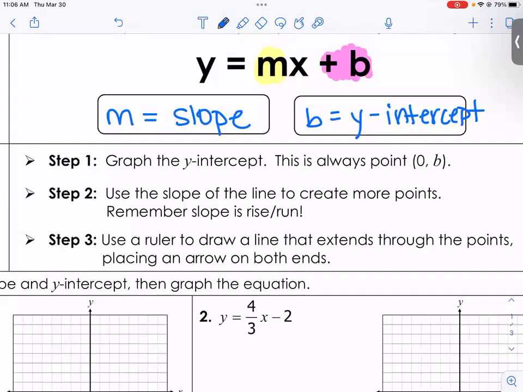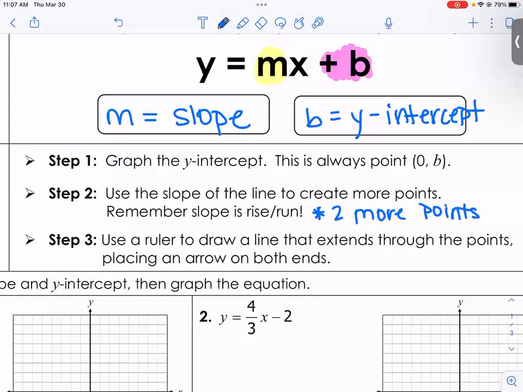Okay? I want you to make two more points on your graph besides the y-intercept. So you're going to count the slope twice for me. Okay, just to make sure we make a line. Okay. Then we're going to use a ruler to draw our line.